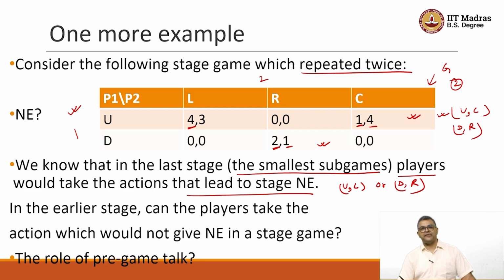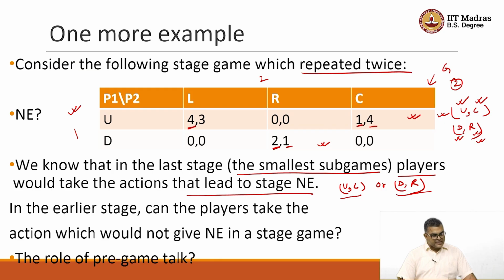They will always have regret and would want to come back to U comma C or D comma R, because U is the best response to C and C is the best response to U from player 2. Similarly, D is the best response to player 2's R, and R is the best response to player 1's D. So both are Nash equilibria. In the last stage, either U comma C or D comma R can happen.